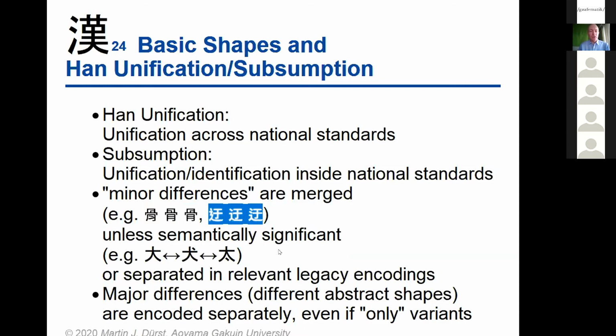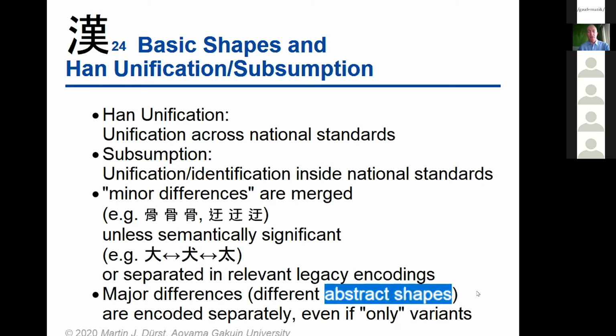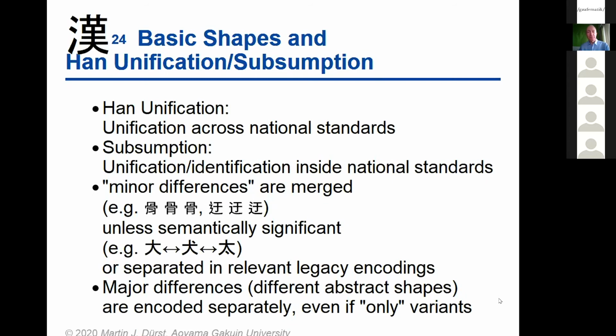If the minor difference is actually significant, like here, the character for big, the character for dog, and the character for fat, these are totally different characters, and so you may need to make sure that you encode them separately. And there's also another exception for legacy encodings. On the other hand, major differences, in the Unicode standard called differences in abstract shape, are encoded separately, even if they are only variants.